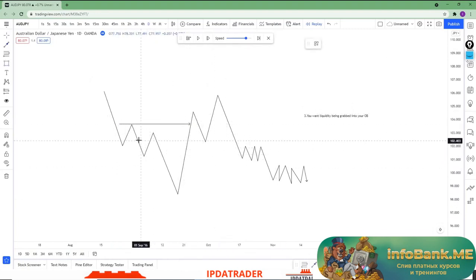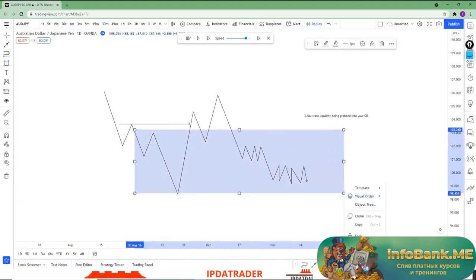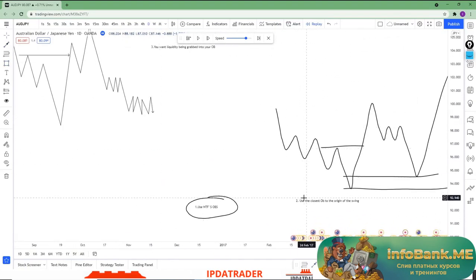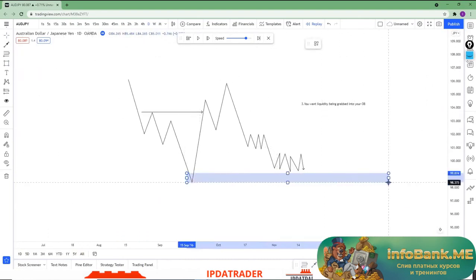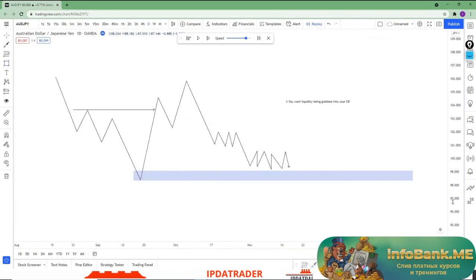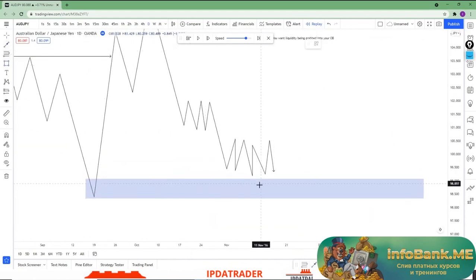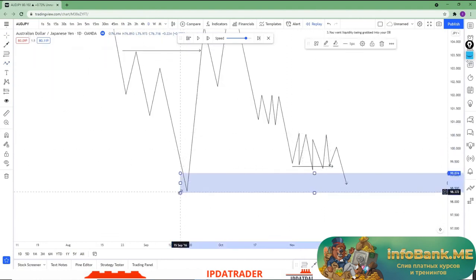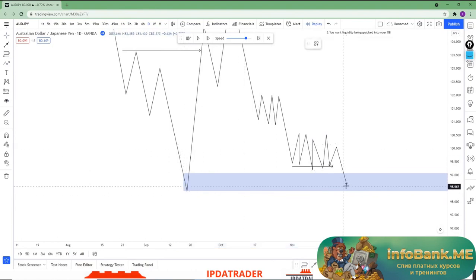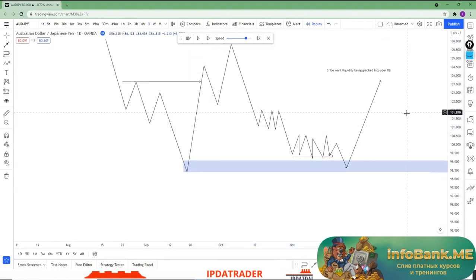This entire region technically is your order block, but as I just explained, you want to be waiting for the origin. And let's say your order block is here. What you see here is we've got liquidity in the form of equal lows. So you want to be waiting for that liquidity to get grabbed into your position. That way your order block is going to have a higher probability of actually providing you some great moves.